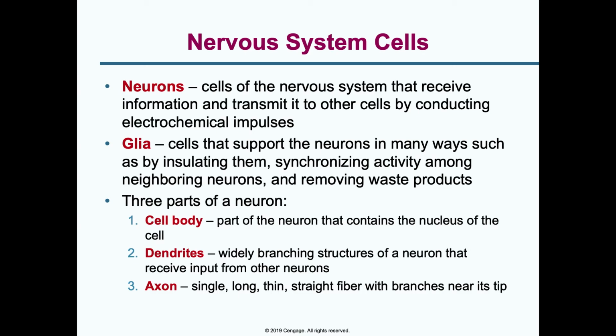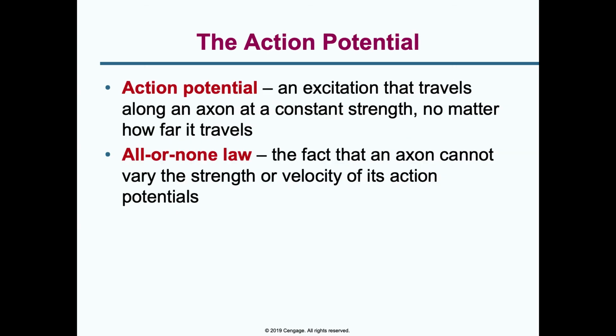They actually receive information from other neurons, and then the axons transmit the information. They are more like straight fibers. Think of electrical wires or phone wires. That's what the axons are, as they transmit information from neuron to neuron. So those are important kinds of terminology to think about with the nervous system and the cells.